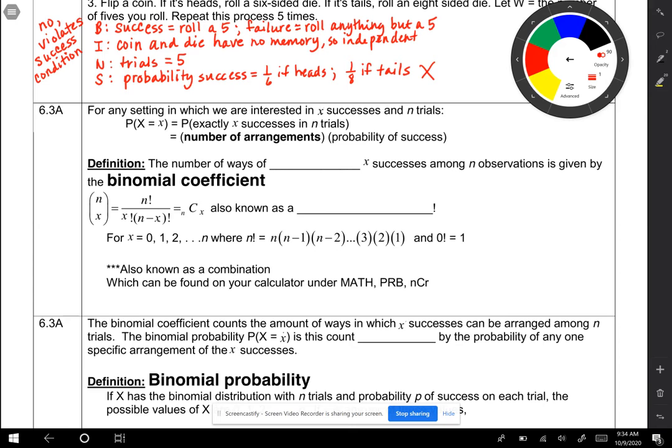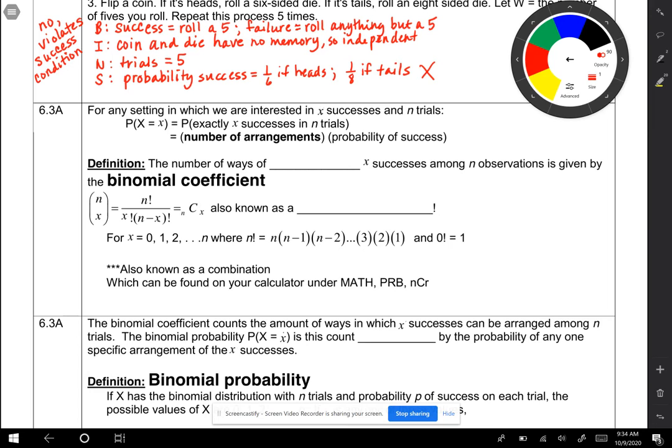All right, so for any setting in which we are interested in X successes and N trials, the X is your binomial random variable, equals x. The little x is the number of successes. So the probability that you get exactly X successes in N trials is equal to the number of arrangements times the probability of success.